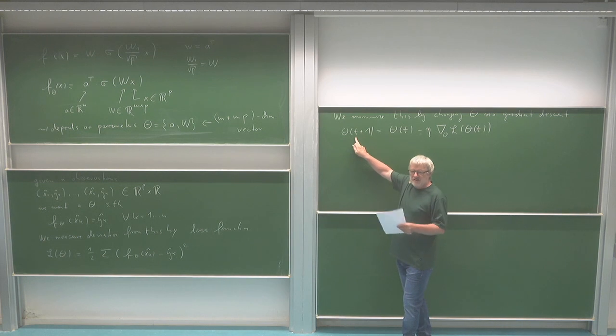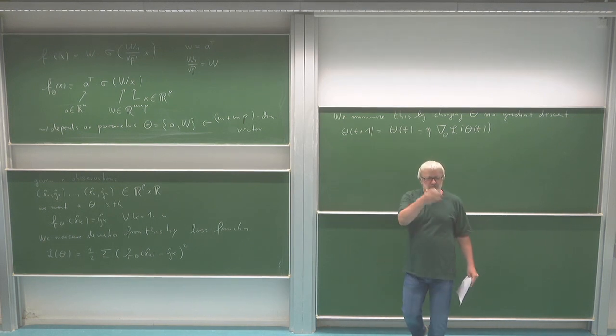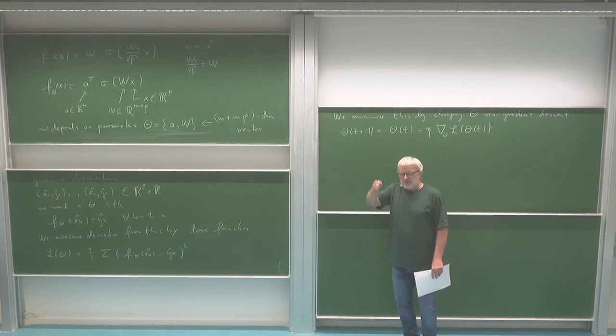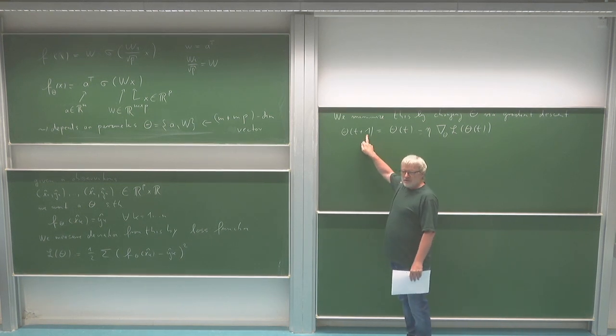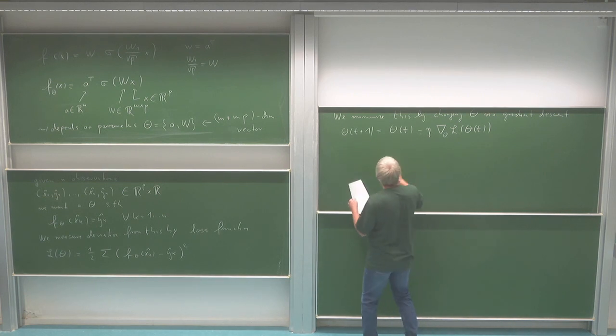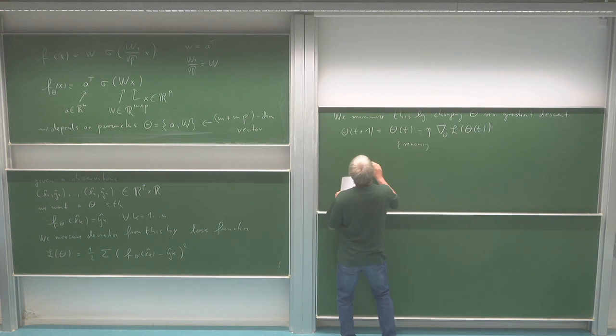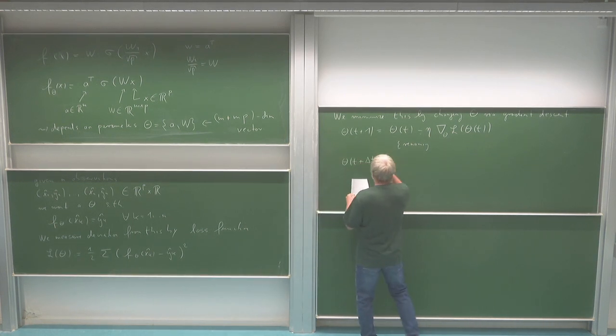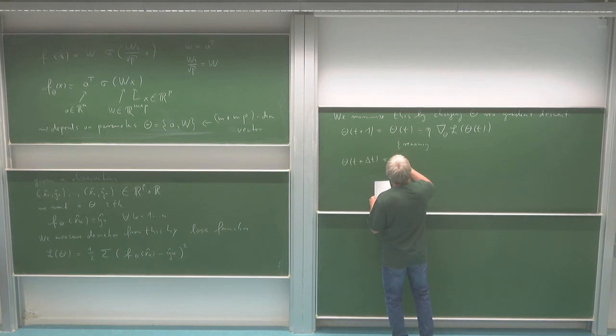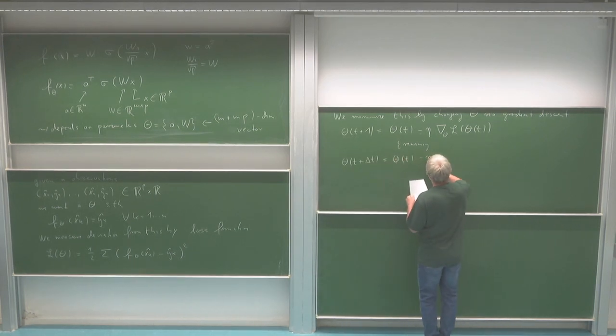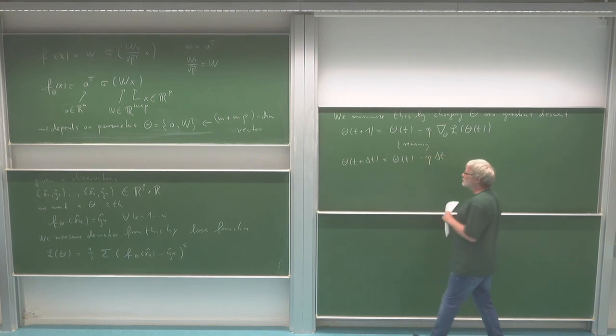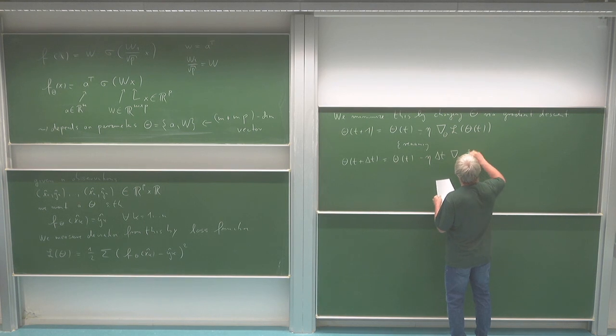Here the time is just an integer, it's just the steps I'm doing, but maybe I say I have time here, and the step I'm doing is a small time step. So I say it's theta, and I'm adding a small time step. This is theta t, and then what I'm doing here should also be proportional to the time step of this gradient.